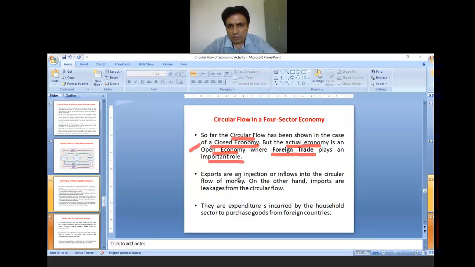Exports are an injection or inflow into the circular flow of money. On the other hand, imports are leakages from the circular flow. They are expenditures incurred by the household sector to purchase goods from foreign countries. So when we insert foreign trade in the model, it becomes the four sector economy.